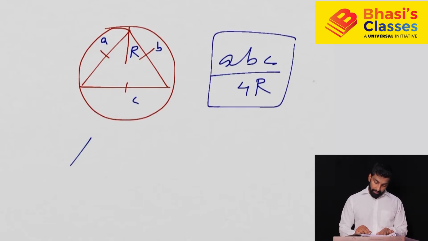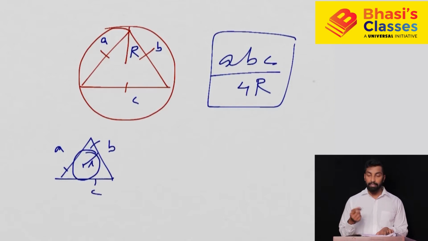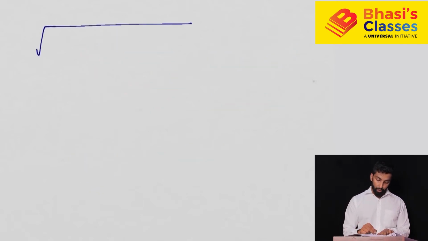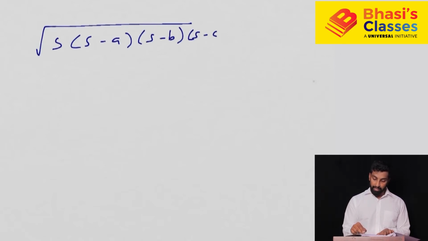Now, instead of a circumcircle, if there is an incircle, they will be giving you an inradius, r. So this will be A, this will be B, and this will be C. The sides are given and the inradius is given. Then your answer is r into S, where S is the same semi-perimeter, (A plus B plus C) by 2. So we have discussed four methods of finding the area. Root of S into S minus A into S minus B into S minus C, where the three sides are given and S is the semi-perimeter.